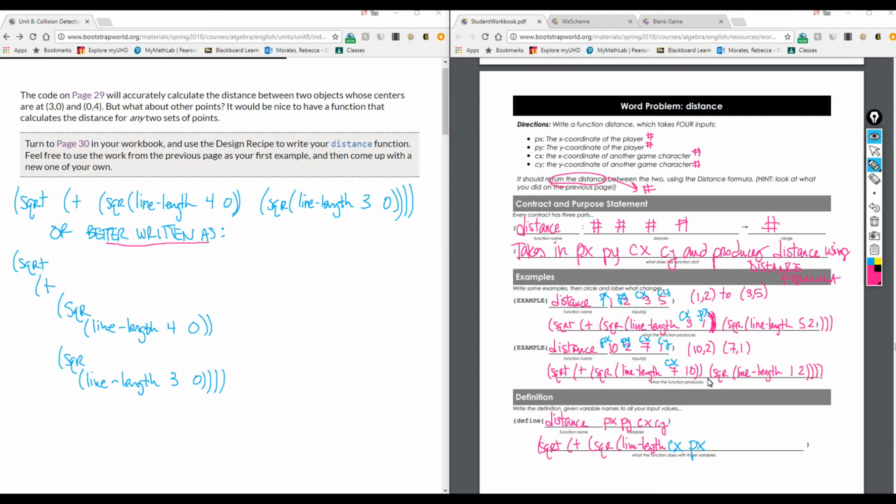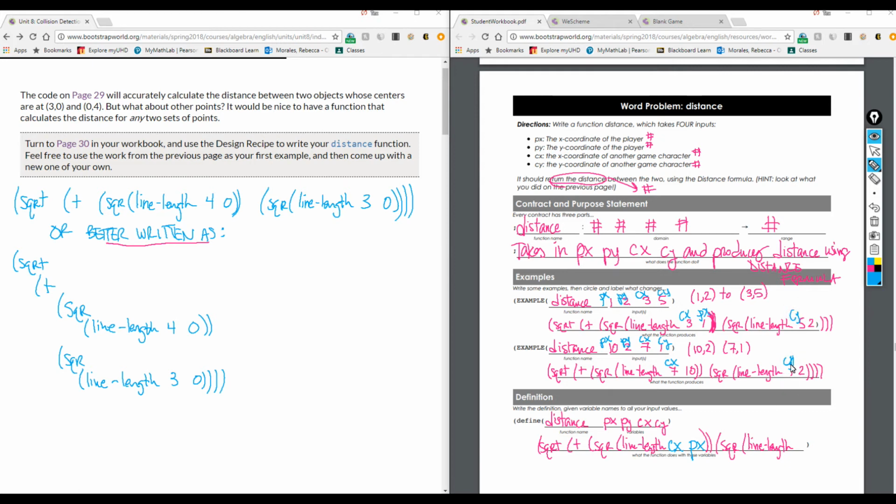Let's see. Then after both of those is, well, that's messy, but it's parentheses to close off line length, parentheses to close off square. Then square opens up again in both. Parentheses line length. I'm out of space, so ignore that parentheses. Then the next thing is something that changes. So let's see, 5 is cy, 1 is cy.